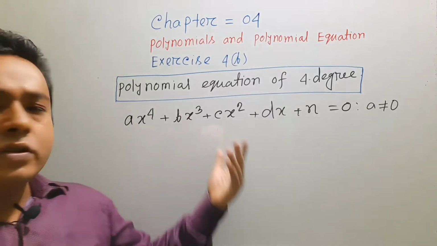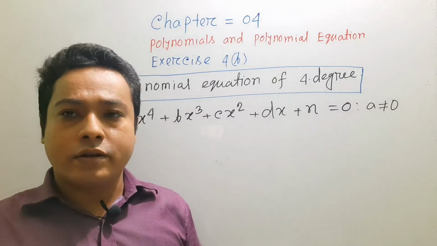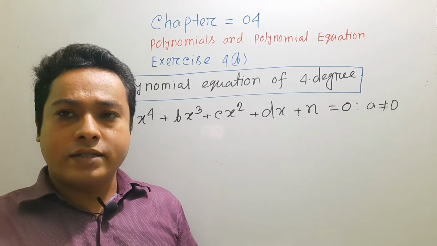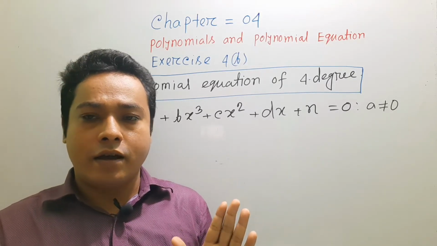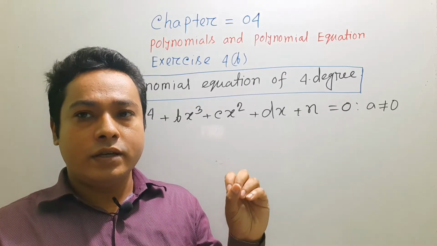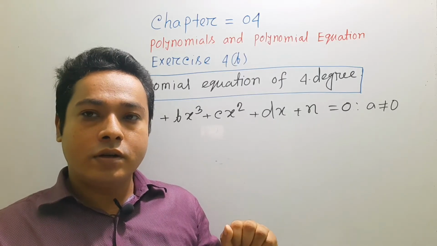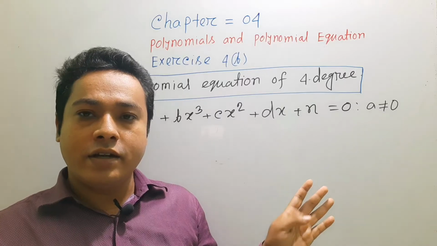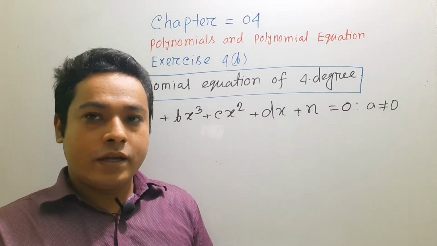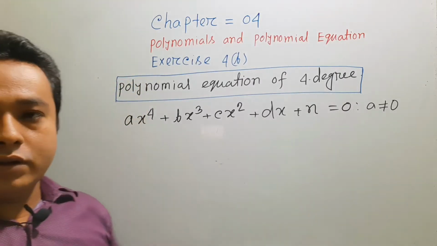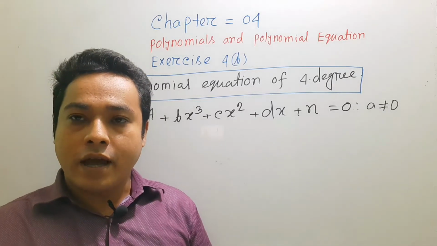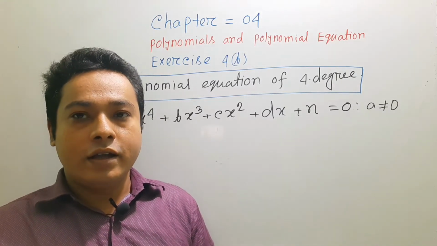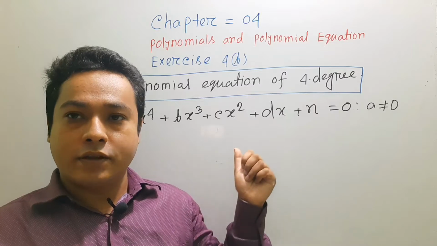But how many roots? In previous topics we have discussed, if the degree is 3, then there will be 3 roots. If the degree is 2, in the case of a quadratic equation, then there will be 2 roots. But here the degree is 4. So how many roots? I think it is clear for all: 4 roots of this equation.